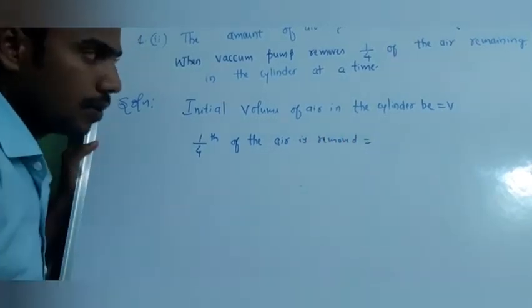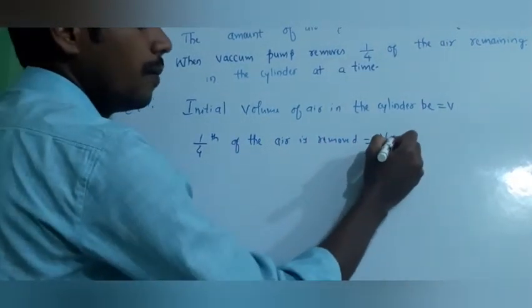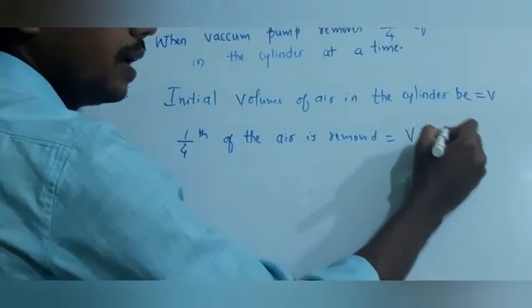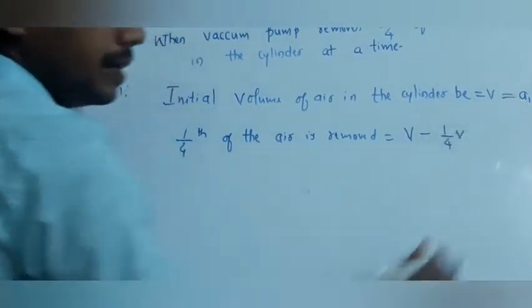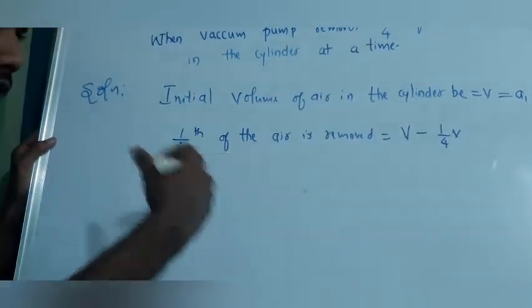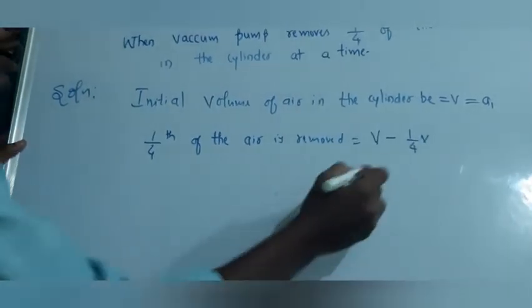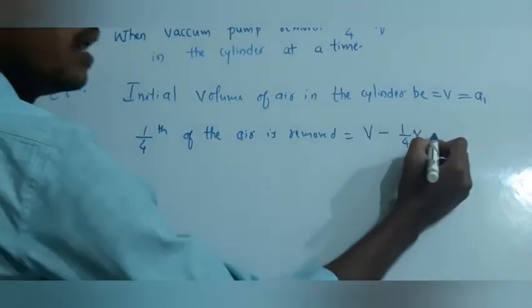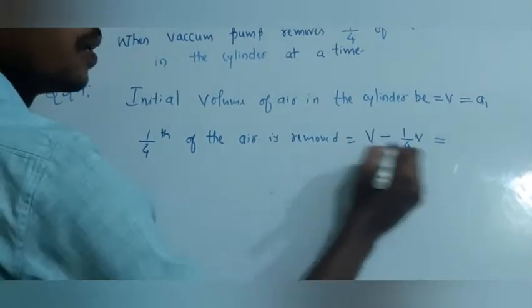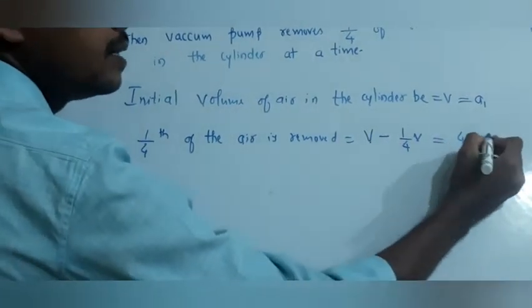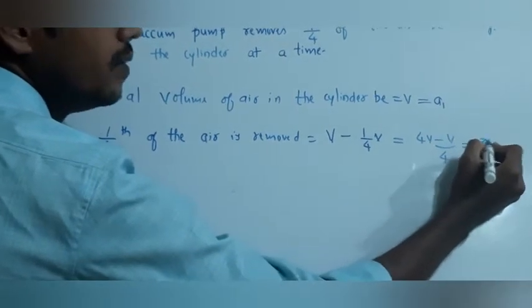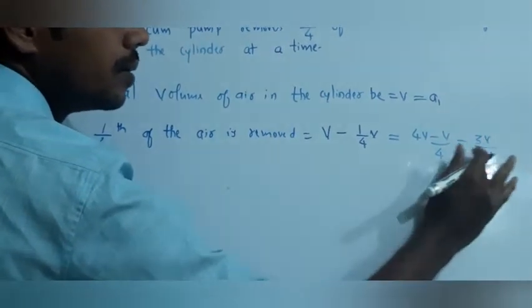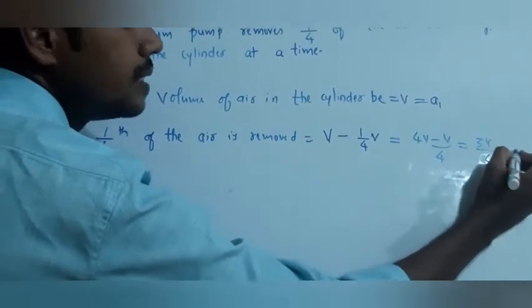So V minus 1/4 of V is removed. Initially this is A1, the initial quantity. Next, after removing 1/4 of the quantity, what will be left? 4V minus V by 4, which is equal to 3V by 4. So I'll call it A2.